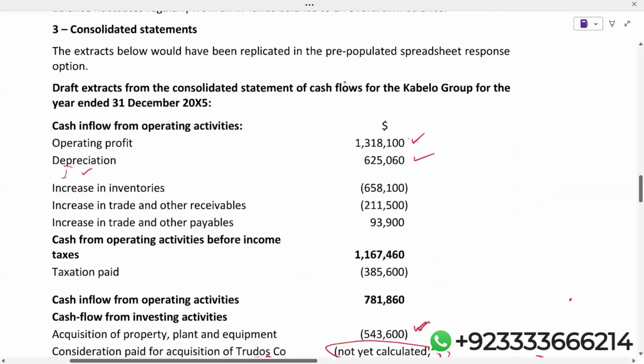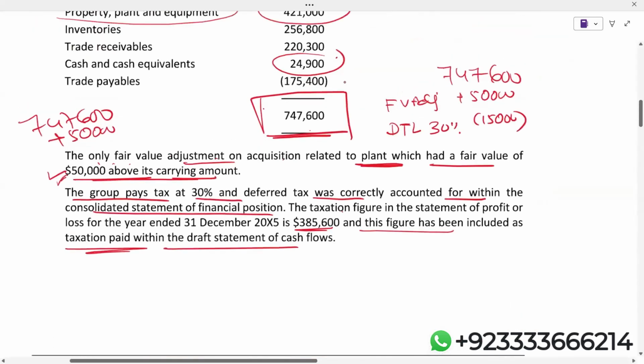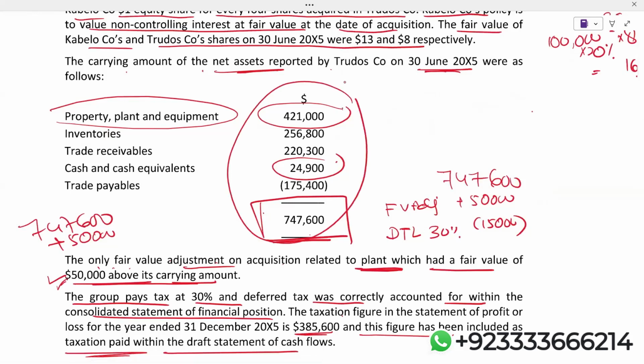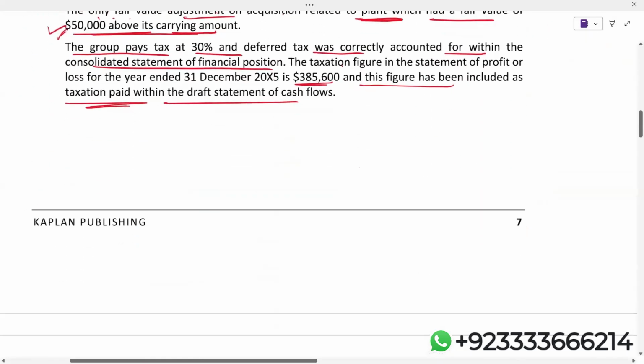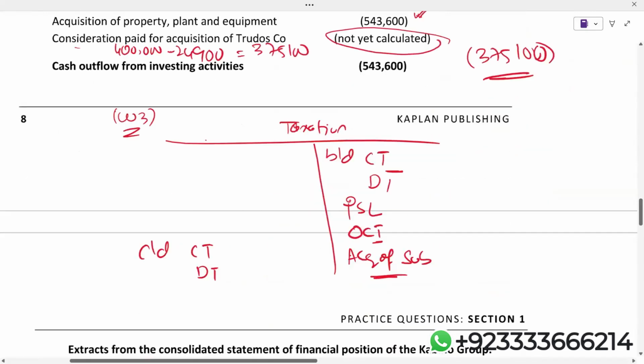Now let's come here. First of all, the examiner has not given us any taxation information here. No issue at all. But we know that at acquisition, due to fair value adjustment, we have seen the tax.